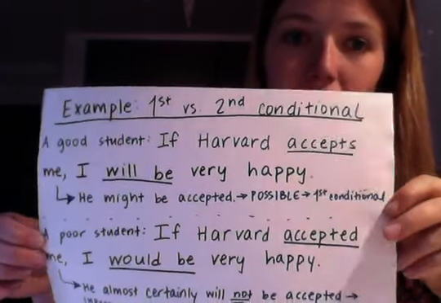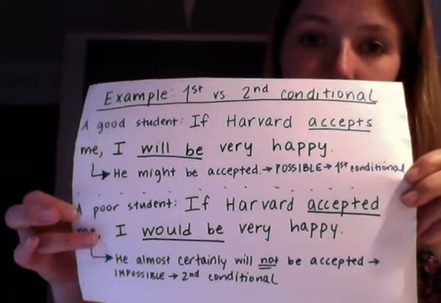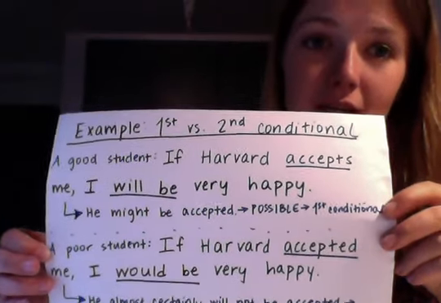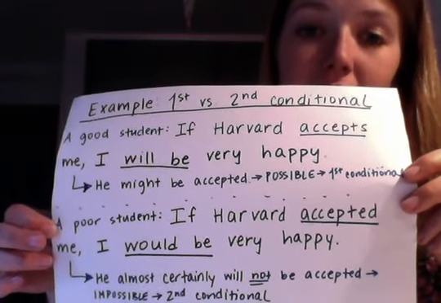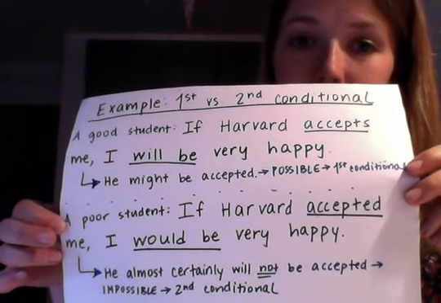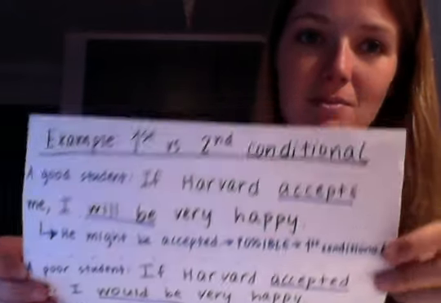So here we have the past, the simple past, and would plus the infinitive. Okay, and here we're using the second conditional because we recognize that it's quite unlikely that he will be accepted. In fact, we might even think it's impossible. So for that reason, we use the second conditional.